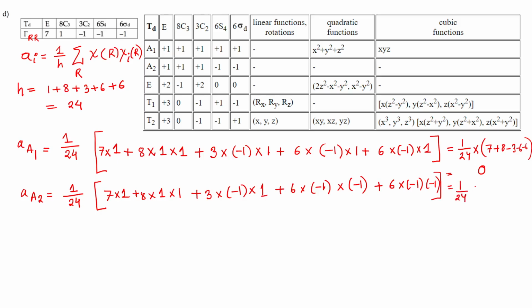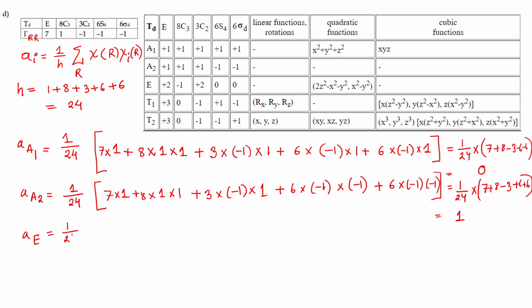So 1 over 24 into 7 plus 8 minus 3 plus 6 plus 6. So 15 minus 3, 12, 12 plus 12, 24. So it will appear once.